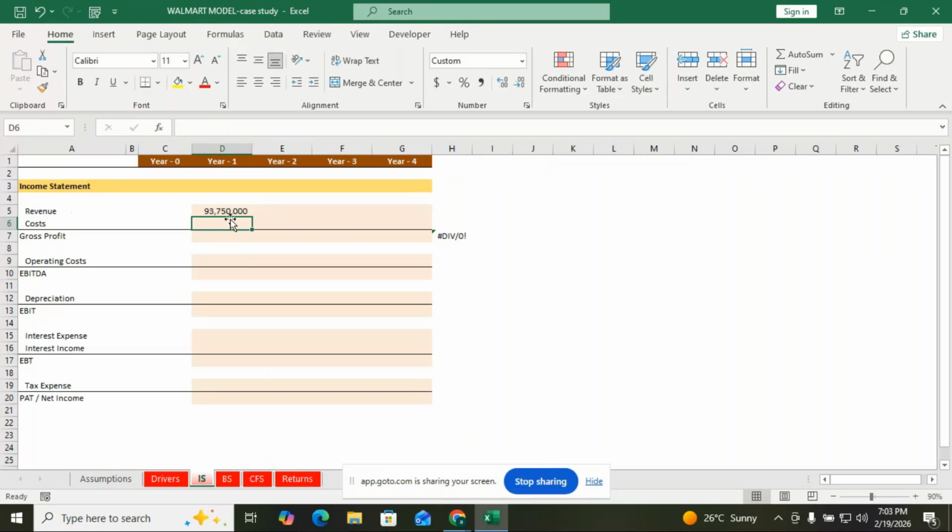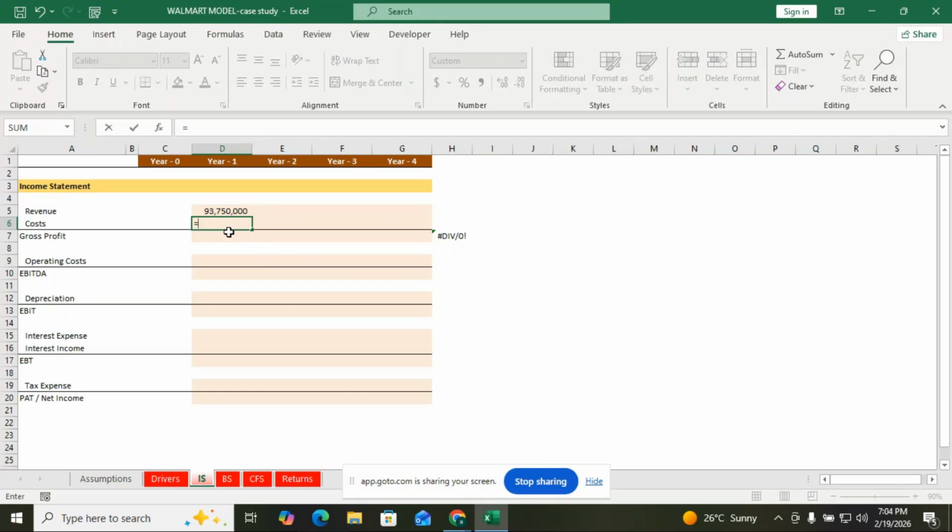I'll repeat the same for cost. Equals to, how do you generate the cost of the goods sold? Cost price per unit into total volume sold, which you're aware of. You've been doing income statements for a very long time.